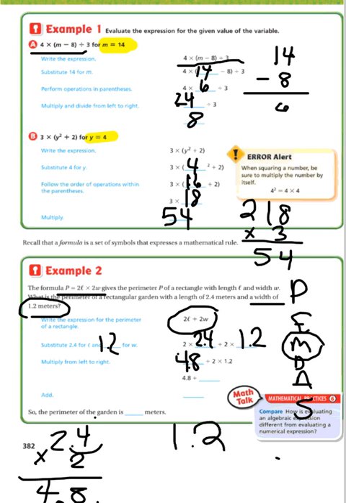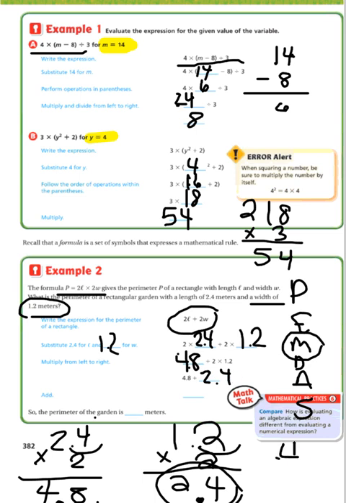Evaluate the expression for the given value of the variable. So m minus 9. M is going to be 13. So your problem is going to look like 13 minus 9, which is 4. Number 3, 16 minus 3b, and b equals 4. So 16 minus 3 times 4.